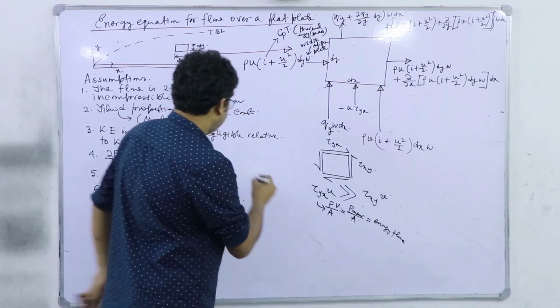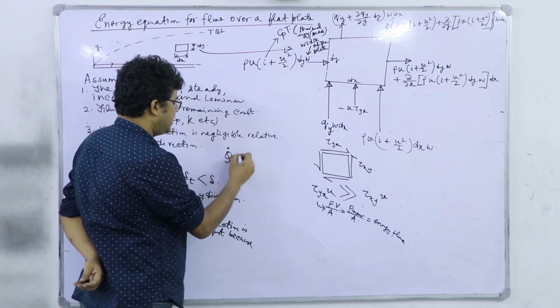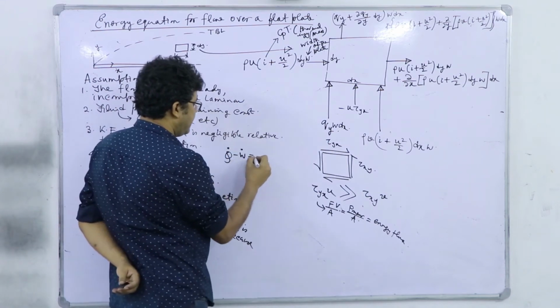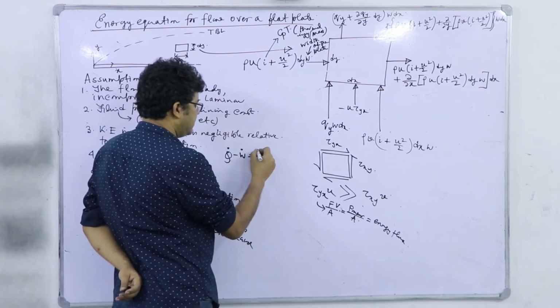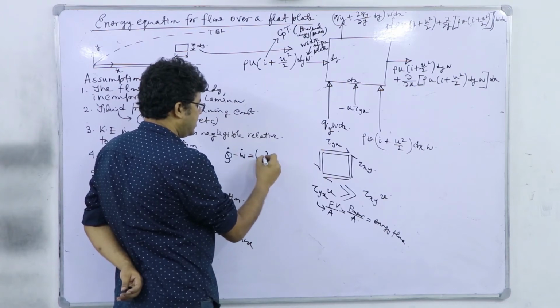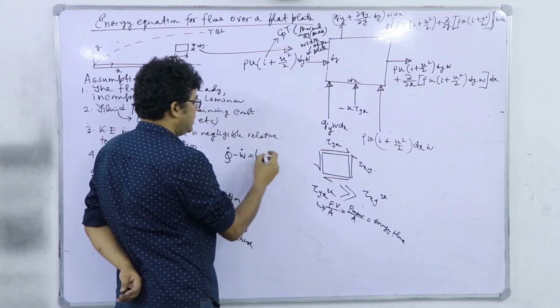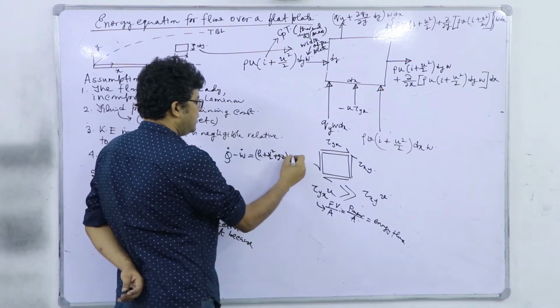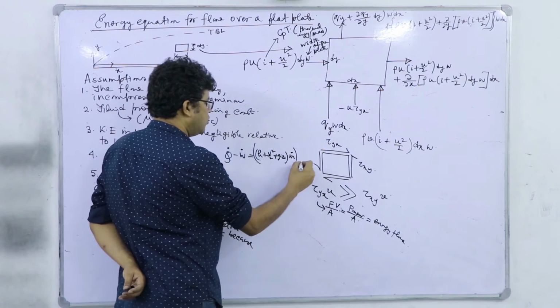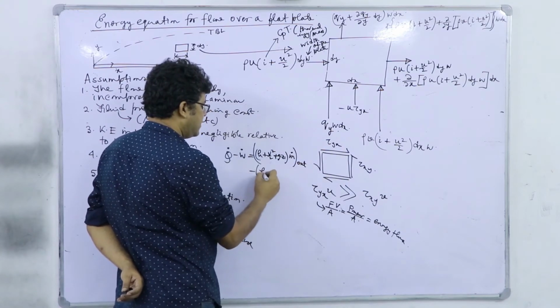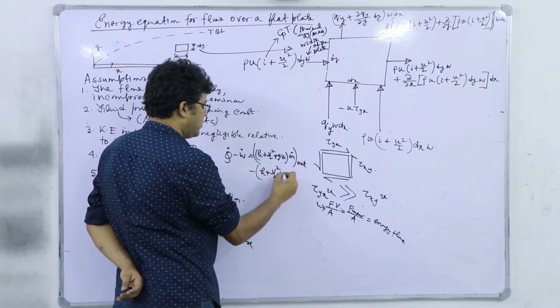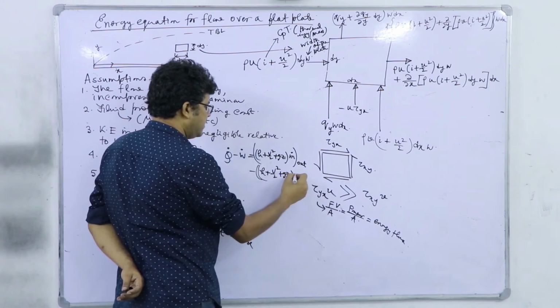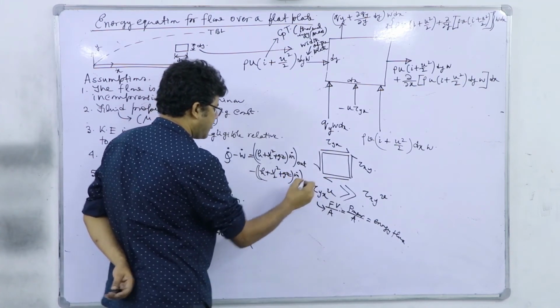And you see, let me write, Q dot minus W dot is equal to h plus v square by 2 plus gz times m dot out, minus h plus v square by 2 plus gz times m dot in, right.